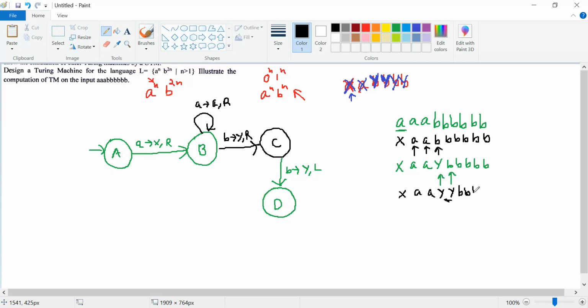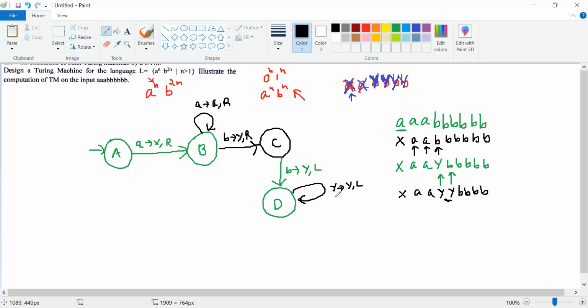When you go left, you see Y's, right? But we are not now looking for the next A. So we have to keep moving left until we see the first X. If we see Y's, we don't do anything, just keep moving left.